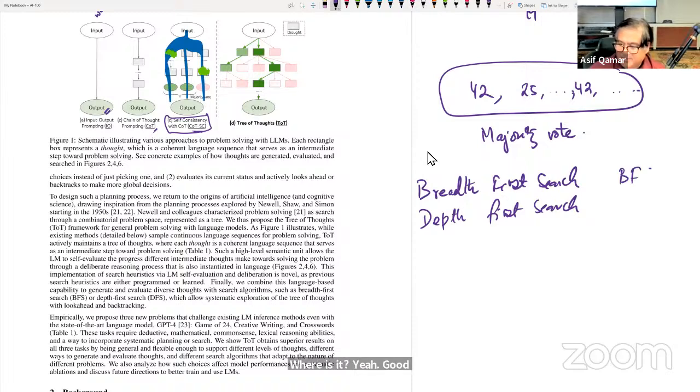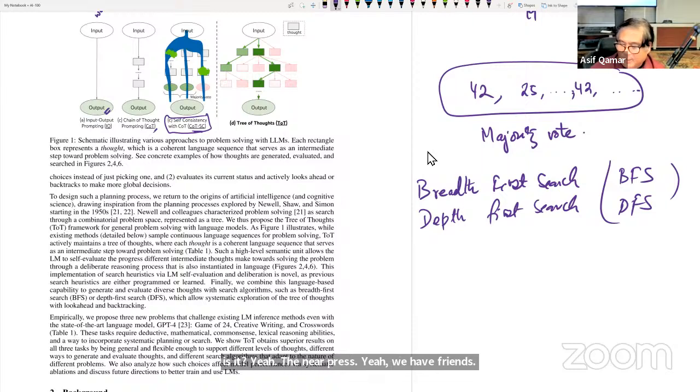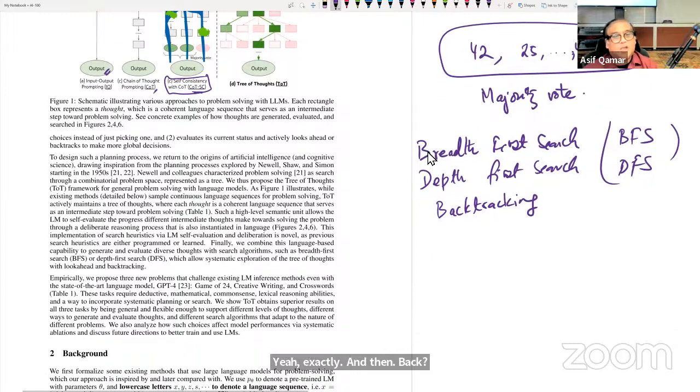DFS, yeah, exactly. And then backtracking, and look aheads. Opposite of it is look ahead.